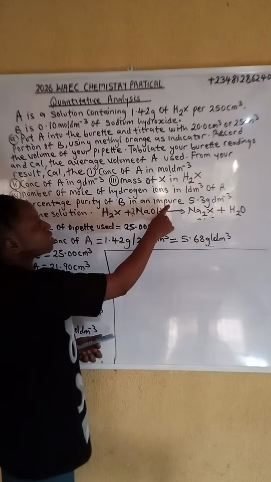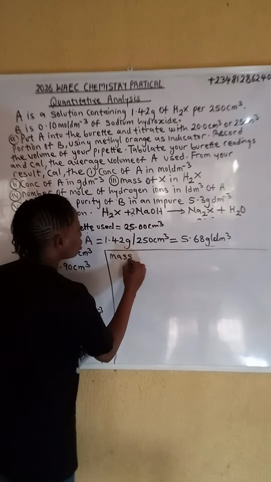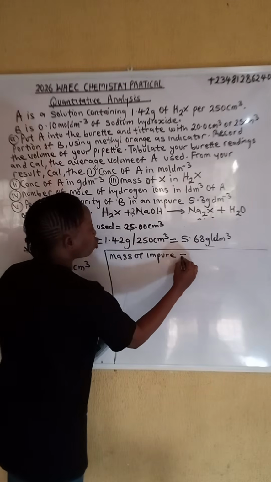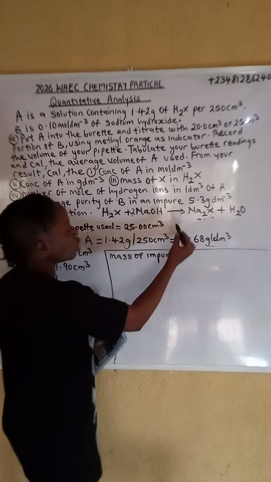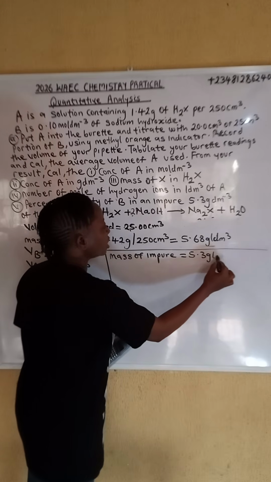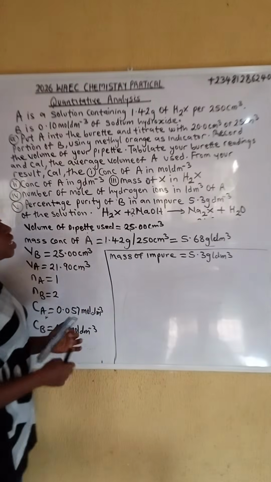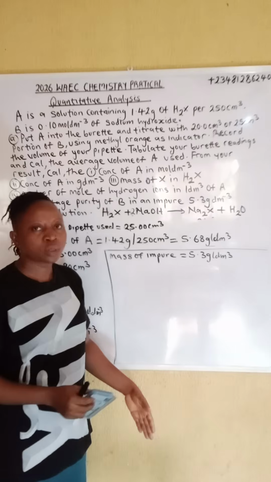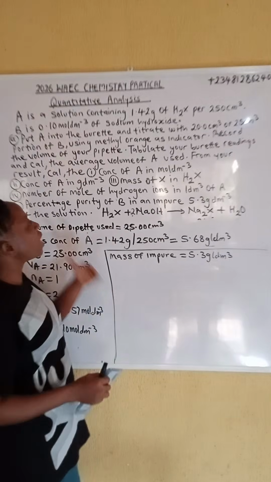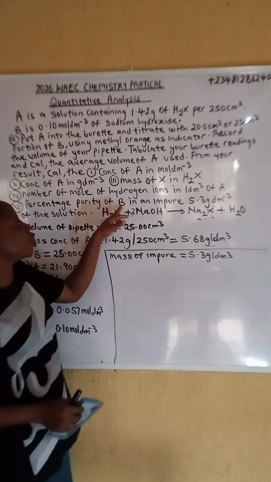They've given us the mass of impure, which is 5.3 gram per dm cube. Then we are going to need the mass of pure, that is the mass concentration of B.